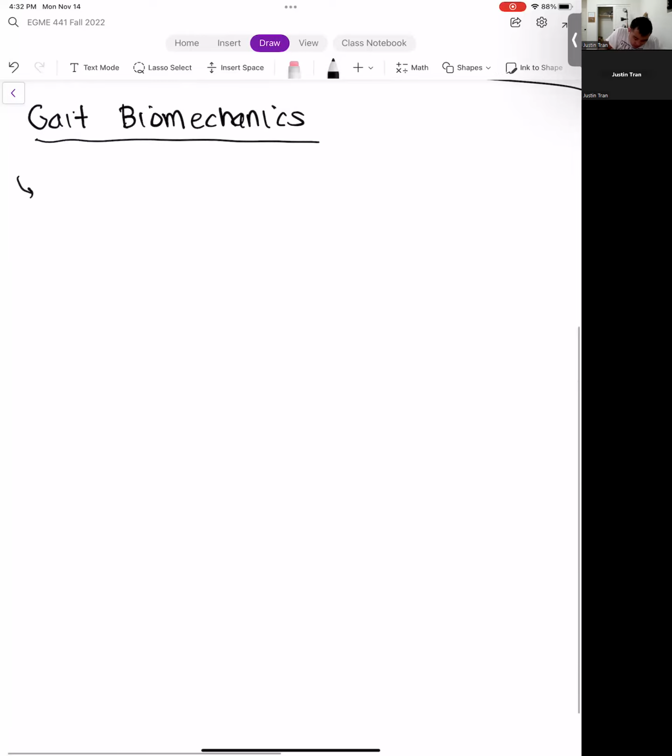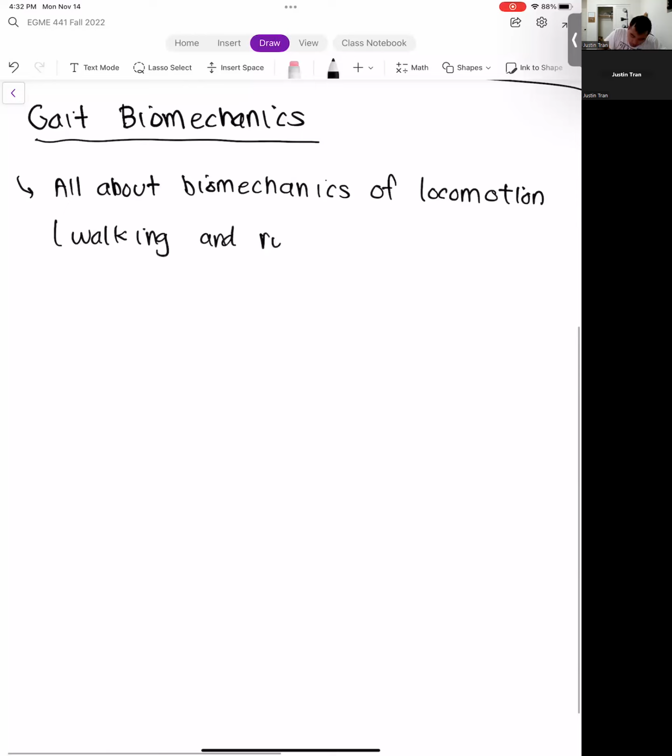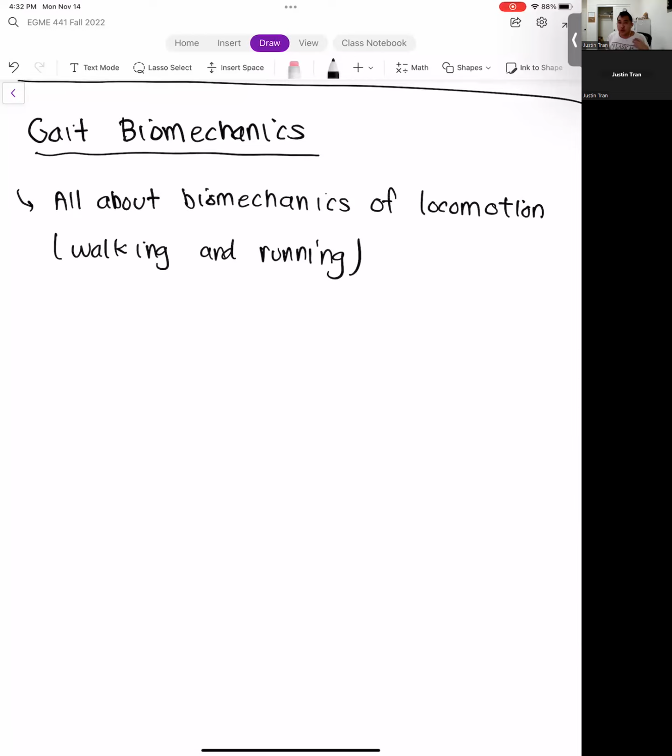This is all about locomotion. So how do humans, well, specifically for us humans, but you can also apply this to other animals as well, how do animals walk from one place to another?